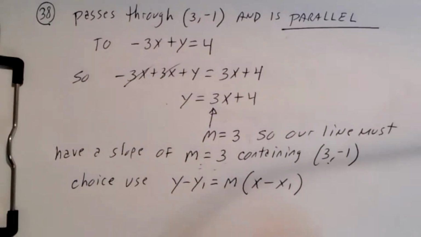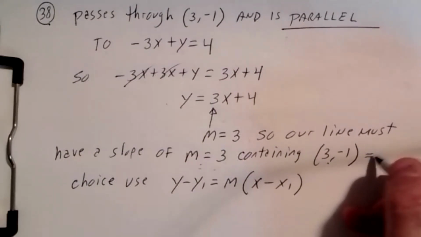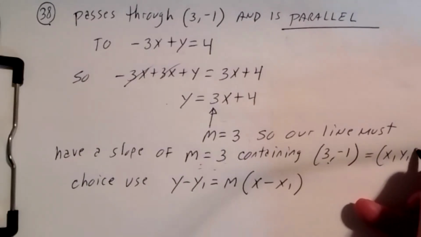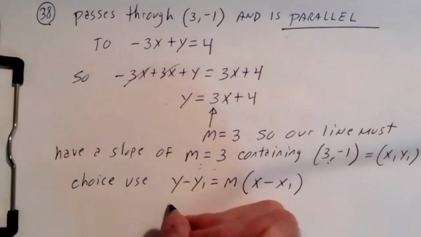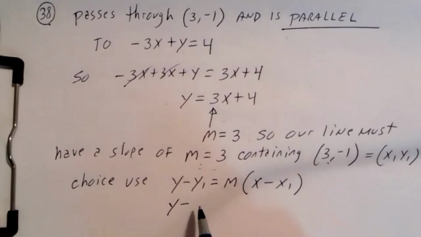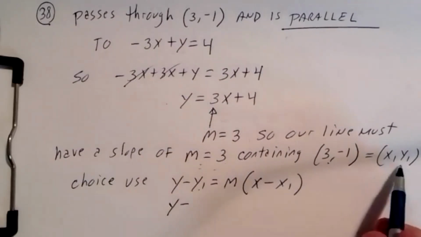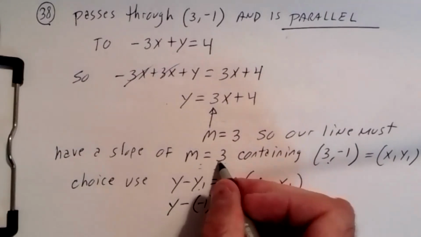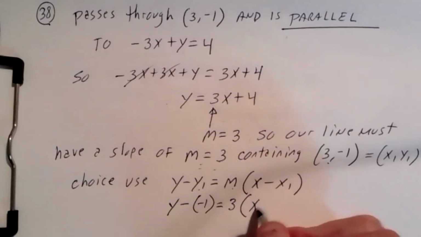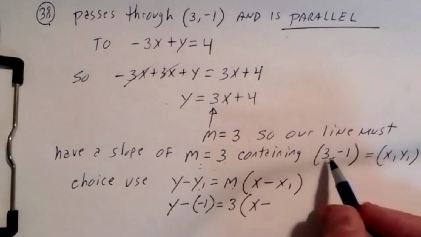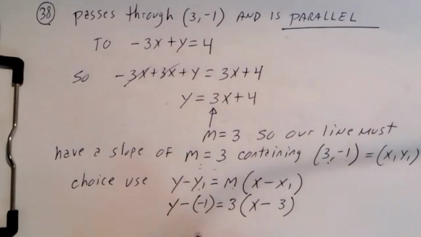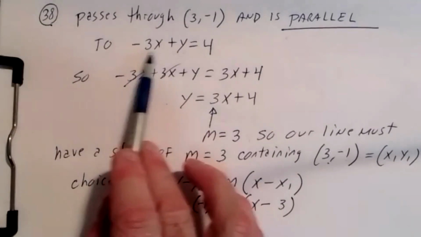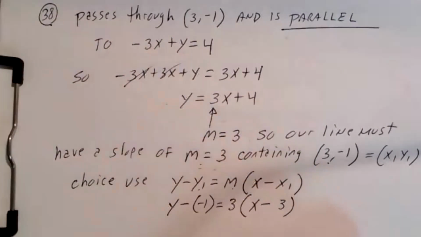This point is our x1, y1. We substitute: y minus y1, where y1 is -1, equals my slope 3 times x minus x1, where x1 is 3. This is the equation of our line that is parallel to this line.